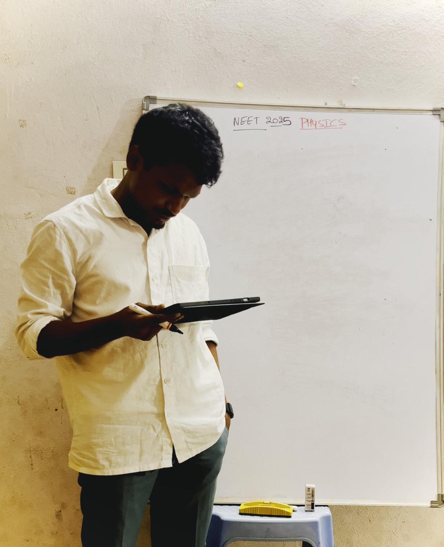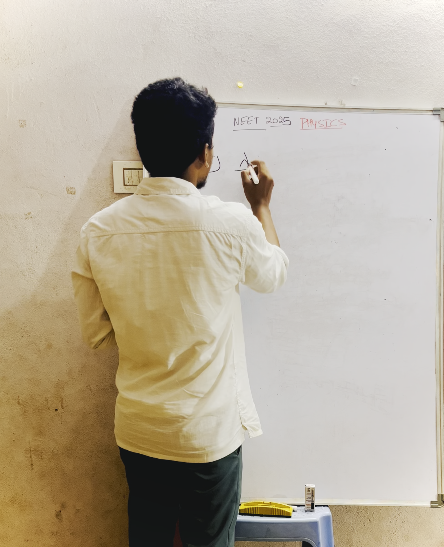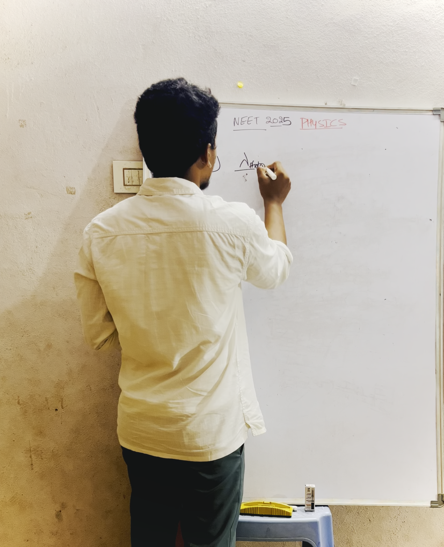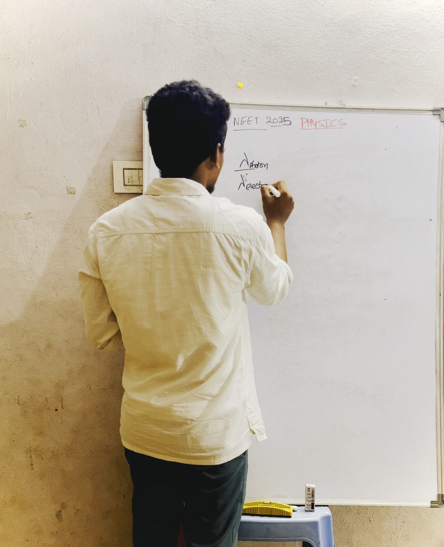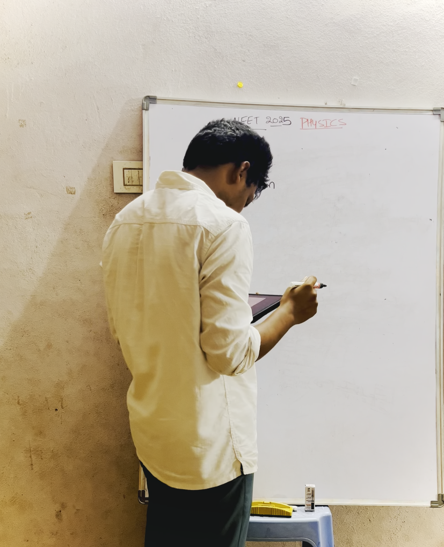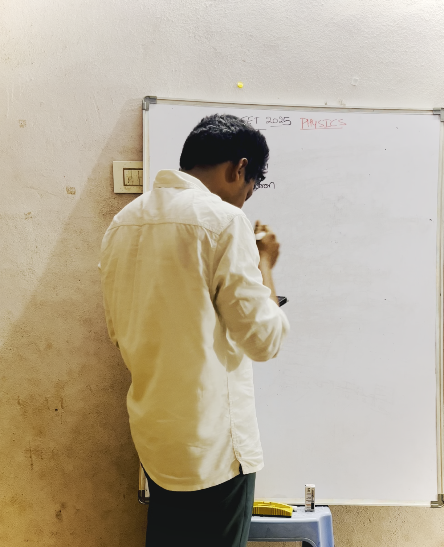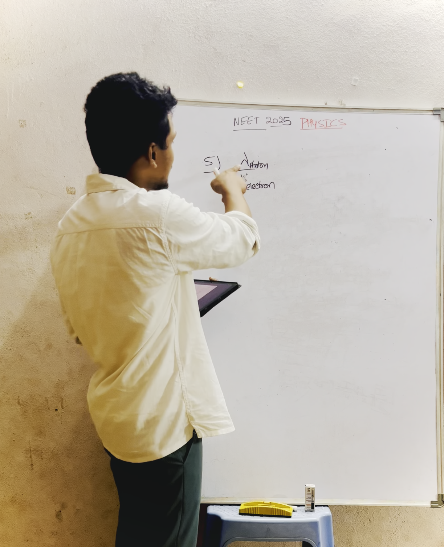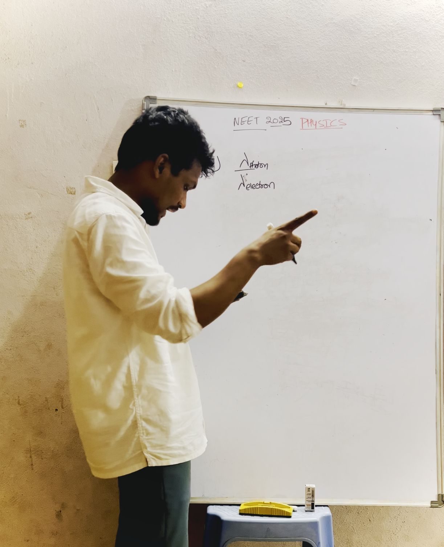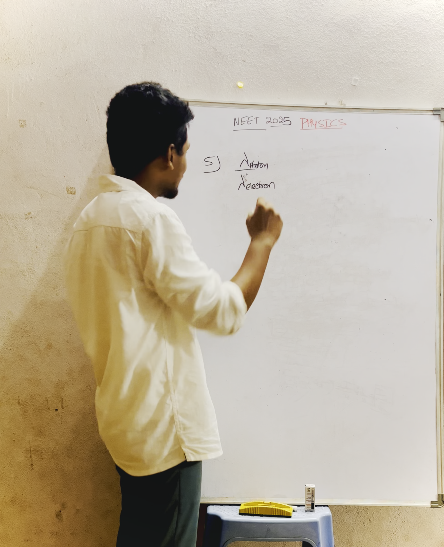So let's find it out. By the way, if you look carefully, they are saying that they both have the same energy. The energy of the photon is equal to the kinetic energy of the electron.